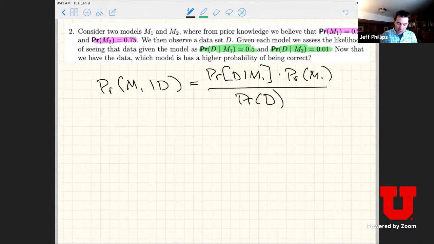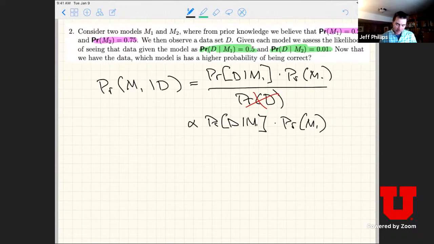But we don't really know what the probability of the data is. So we can say this is proportional to the probability of the data given model 1 times the probability of model 1.